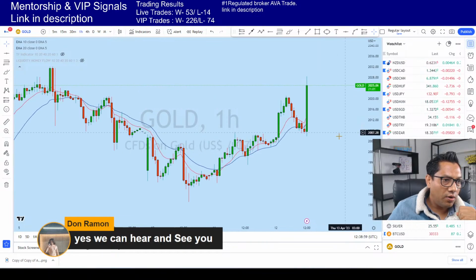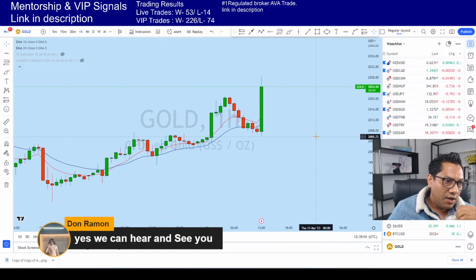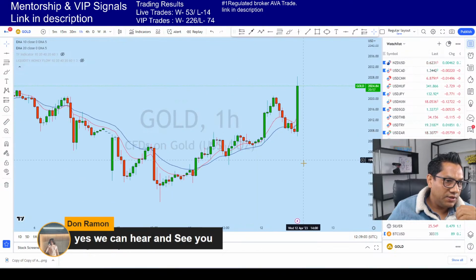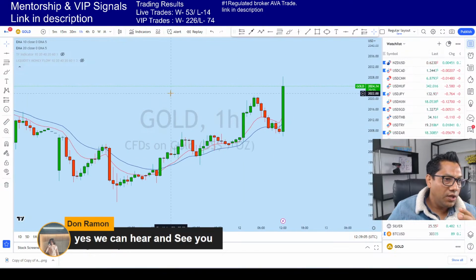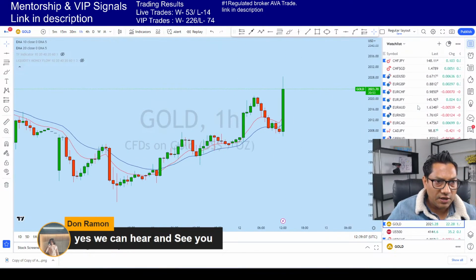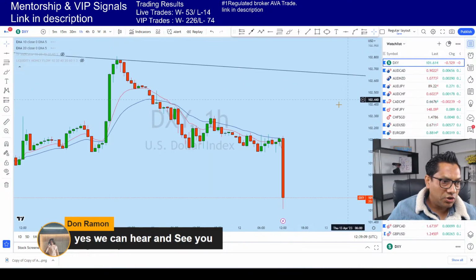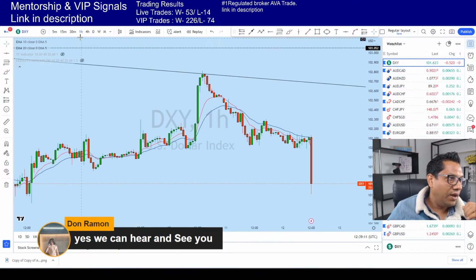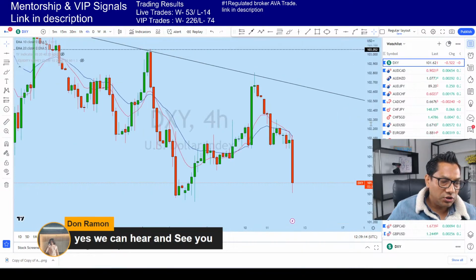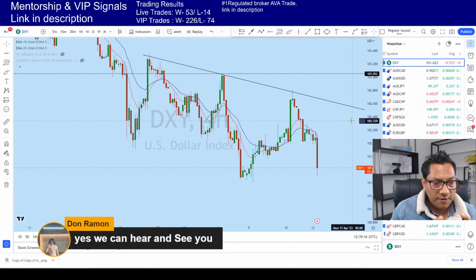Now this is the 1 hour chart. As you can see, just touching this level, there is a big bounce to the upside. Now with that bounce, it's based on the DXY, which has a very strong rejection. We saw that weakness in DXY during yesterday's live session in the New York session.